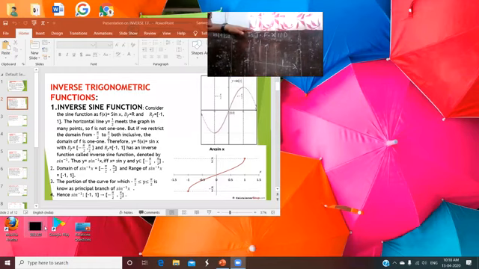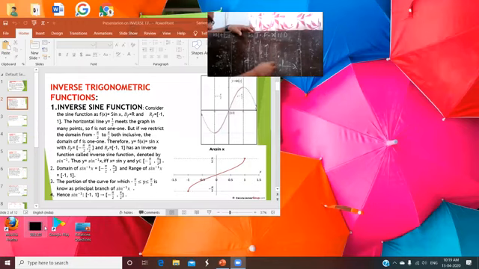All the points on the y-axis are plotted along the x-axis. Here you have 0, here minus 1 and 1, and on the other axis pi by 2 and minus pi by 2. For 0 the value is 0, for 1 the value is pi by 2, and for minus 1 the value is minus pi by 2.